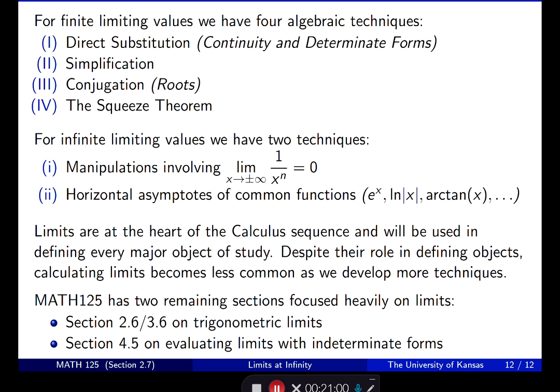These are the sections we use to compute limits, and there are multiple sections that use limits to compute other things. Again, these are the techniques that we discuss here. You will see them here, but also you will see limits throughout all sections and follow-up courses.